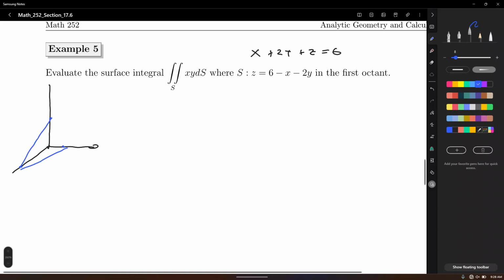Let me indicate the projection onto the xy plane. Actually, I'm going to draw another 2D Cartesian graph to describe this projection onto the xy plane. That's x, that's y, that's z. So that is 3 and 6.